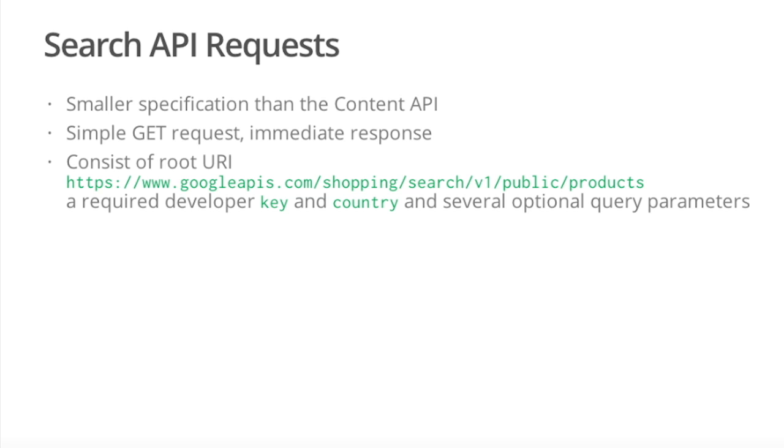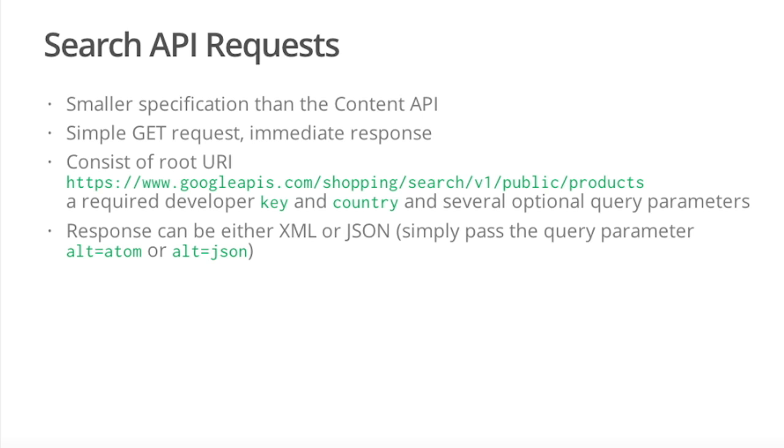Since product data is divided by country, the country URI parameter is required. As I mentioned earlier, there are 3 use cases, one of which is public. The root URI ends with public/products. This indicates that we are making queries against the public source. Google Affiliate Network and Commerce Search queries use a different value in place of public, and this value will depend on the GAN or GCS account ID.